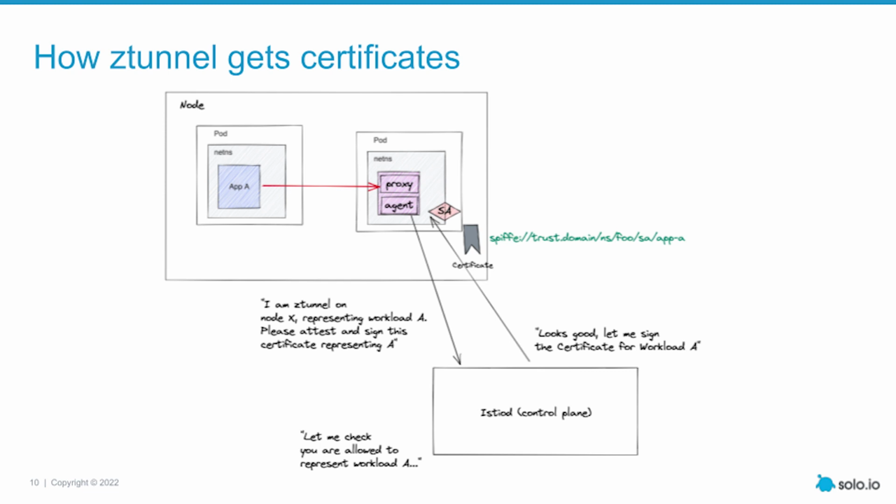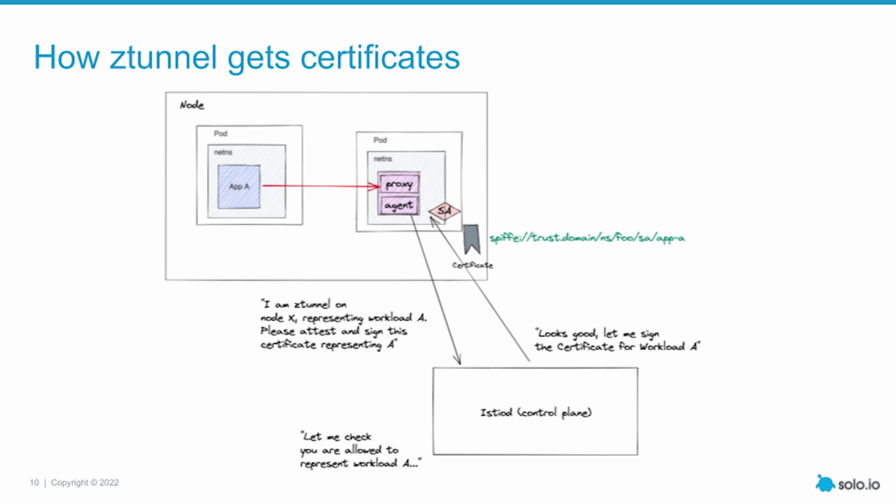And it says, I need the certificates on behalf of service A. And the Istio control plane will look at the token and say, yep, you're the Z tunnel running on this node. Yep, looks like service A is running on that node. Okay, so here are the certificates for you. But if it determines that the Z tunnel is not allowed to run that service account, it will reject that CSR.